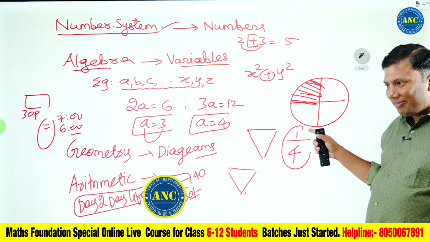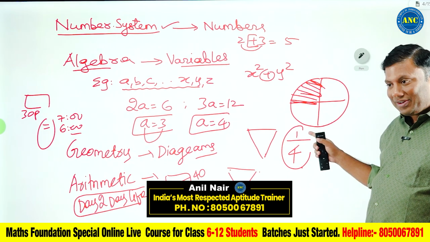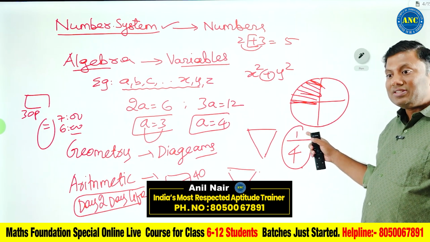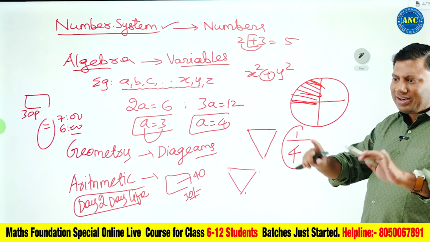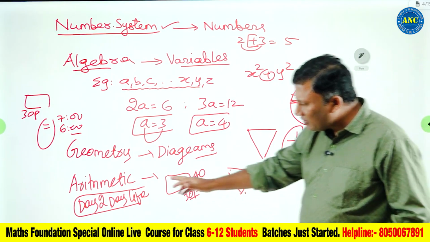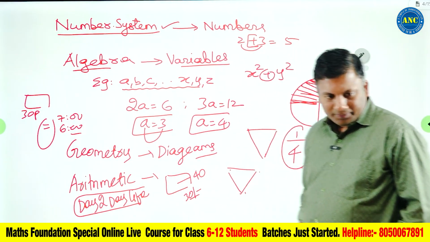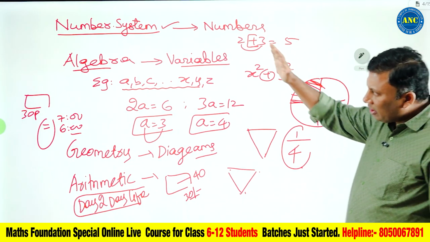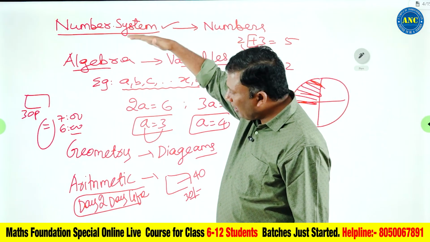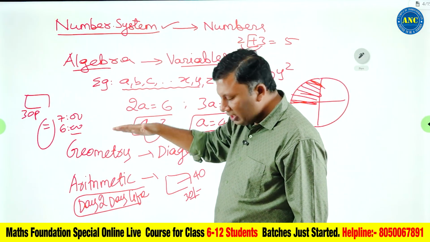Ratio, day-to-day life. 1:4, which we call ratio. In other words, it is also called a fraction. Whatever you are doing in your day-to-day life comes under which topic? Arithmetic. So in your entire mathematics, which topics are there? Number system, algebra, geometry, arithmetic.